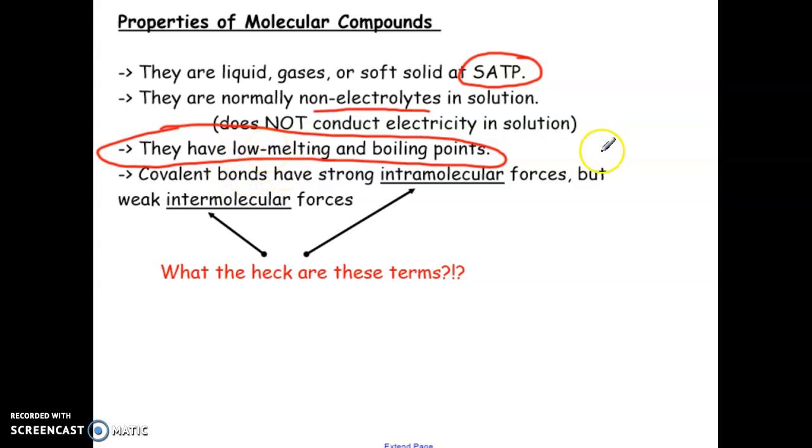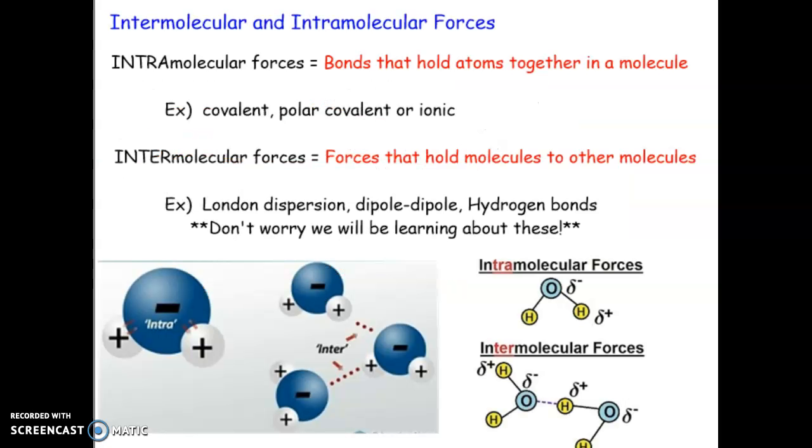The reason why they have low melting points and boiling points is because their intramolecular forces are strong, but they have weak intermolecular forces. You don't know these terms yet, but you will, okay? Let's talk about it briefly. We're going to spend the whole next lesson looking at these forces.